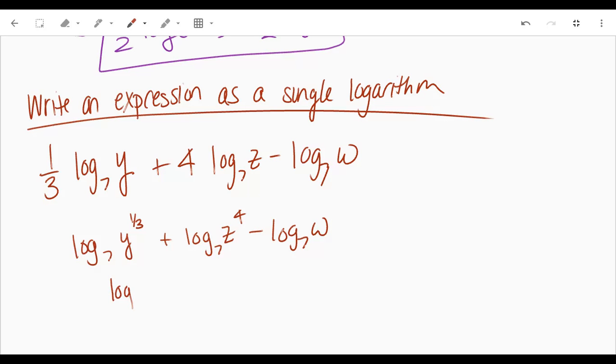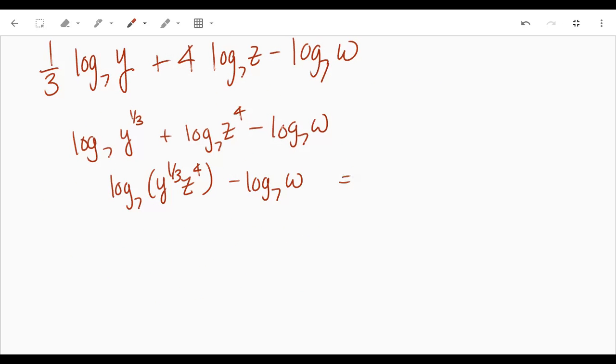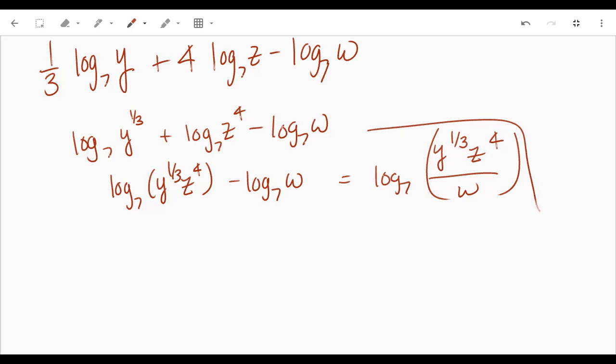So log base 7 of y to the 1/3 z to the 4th minus log base 7 of w. And then we can rewrite that as log base 7 of y to the 1/3 z to the 4th over w. So the reverse of what we had been doing before. Now we get to put it all back together and make it nice and compact.